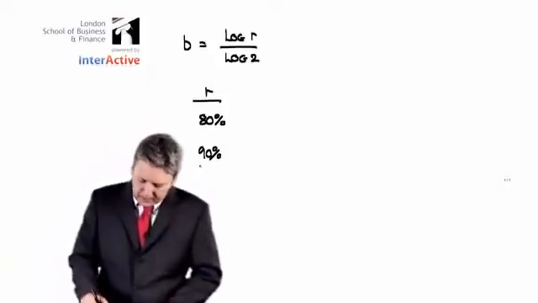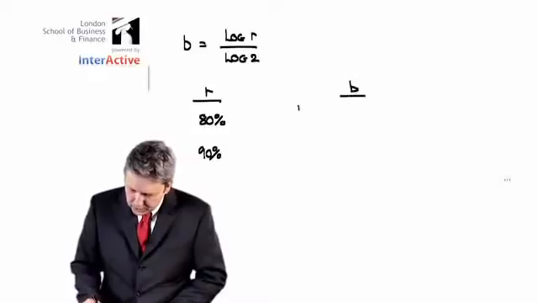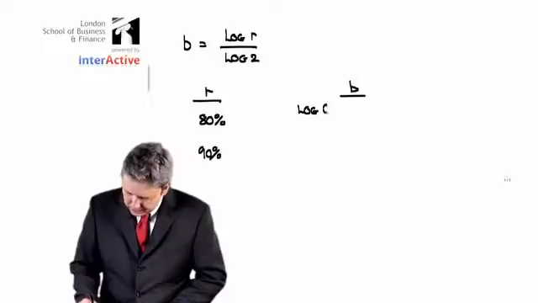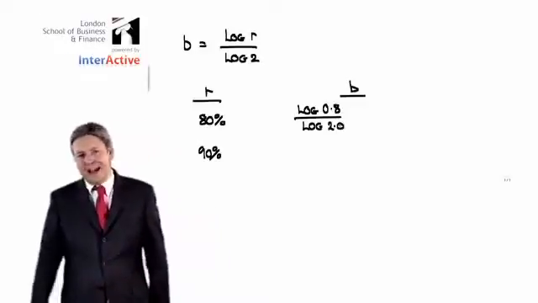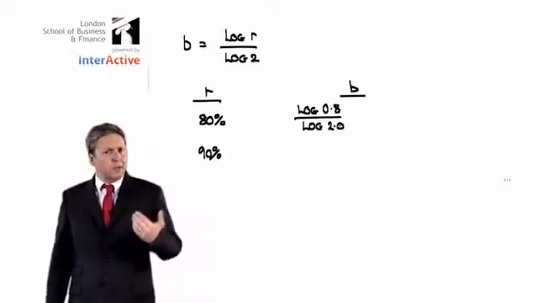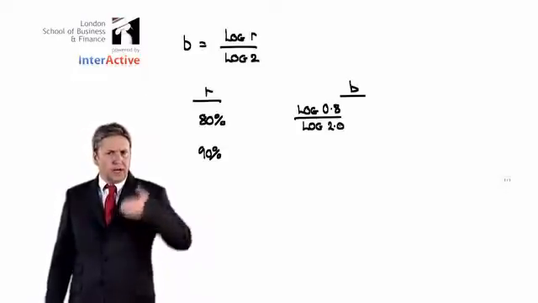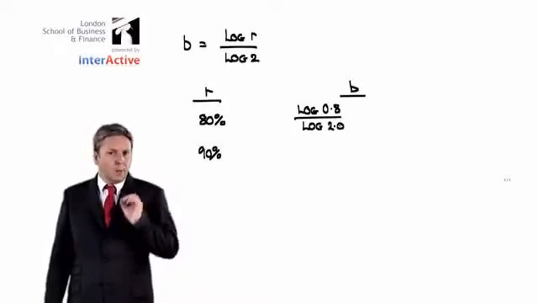Now, given that we have that, what I want to do is to establish the value for B. So what I want to do is to find the log function on my calculator, the log of 0.8 over the log of 2. Now, I don't know if you remember from good old maths that a log of anything less than 1 will be negative, and therefore we're going to have something negative divided by something positive, and that will end up negative.